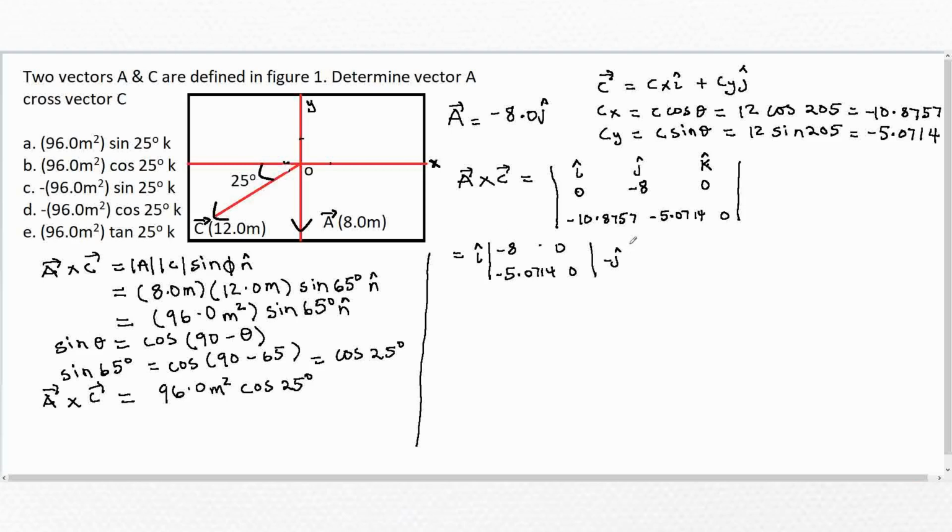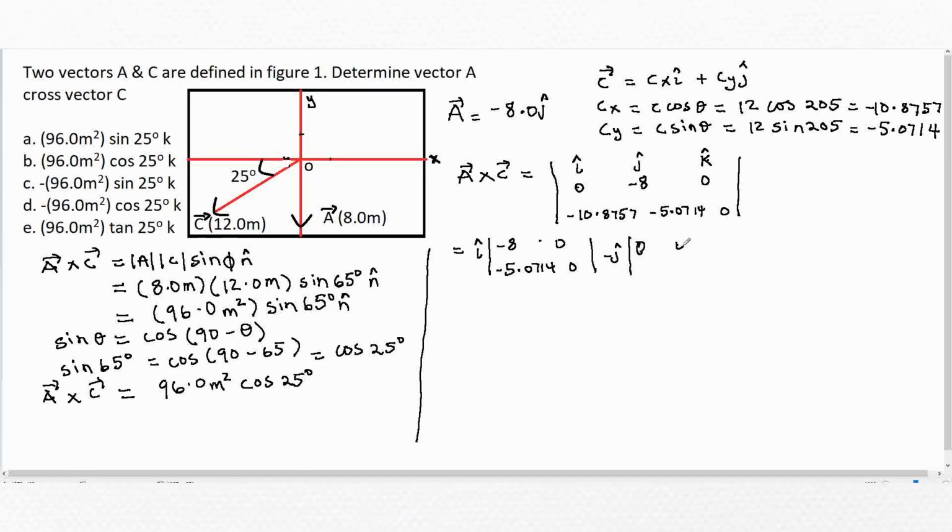We delete down and across, so this will give us 0, 0, -10.8757 and 0.